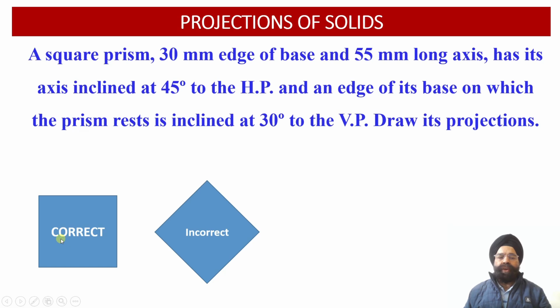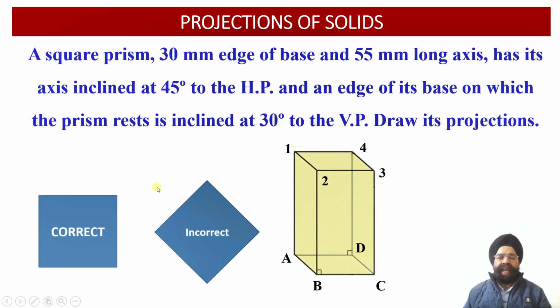If we locate the prism on the horizontal plane in this orientation, then when we incline the prism either this way or this way, we get the prism resting on the horizontal plane on one of its edges. This can be edge CD or it can be the edge AB over here.